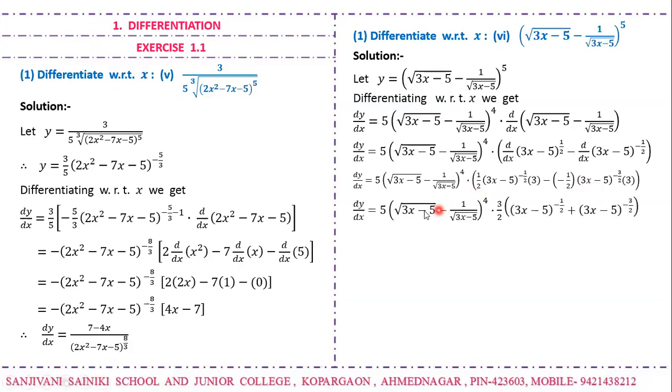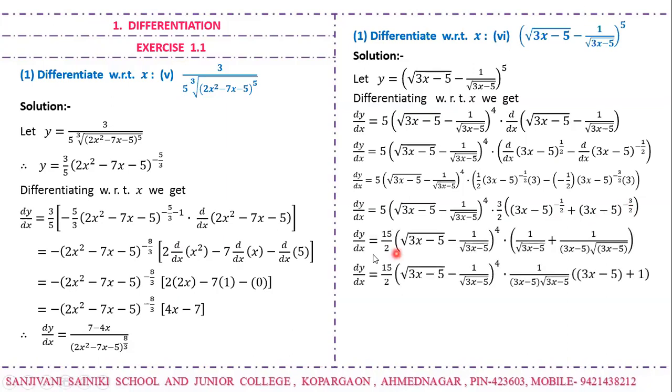So after simplifying, 5 times (√(3x − 5) − 1/√(3x − 5)) raised to 4 into 3 by 2 in bracket (3x − 5) raised to minus 1 upon 2 plus (3x − 5) raised to minus 3 upon 2. Now this 3 upon 2 and this 5 give you 15 upon 2.